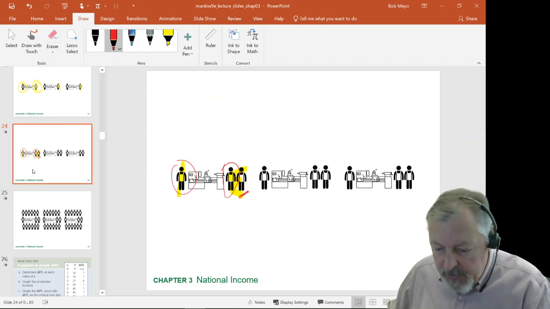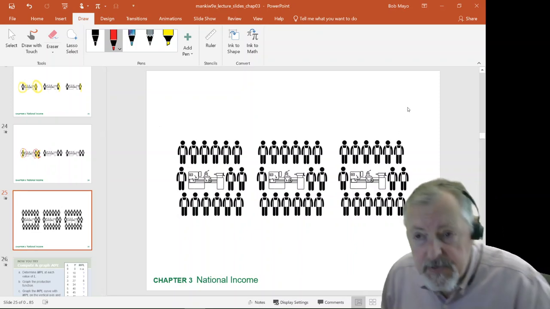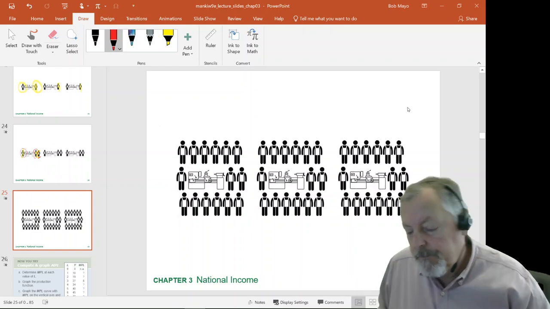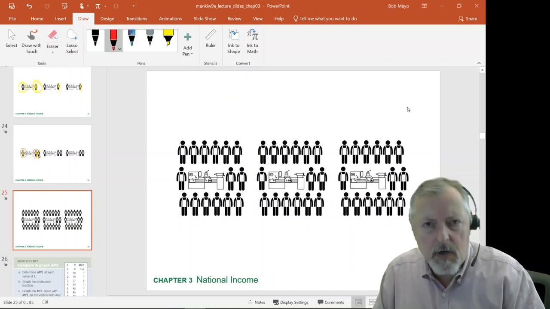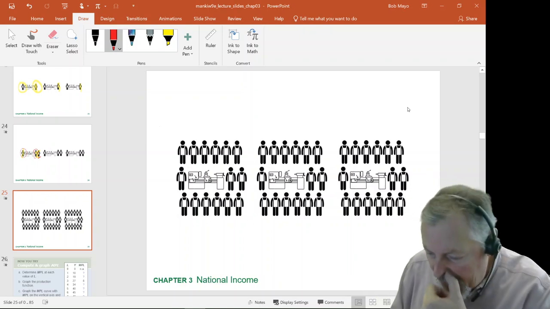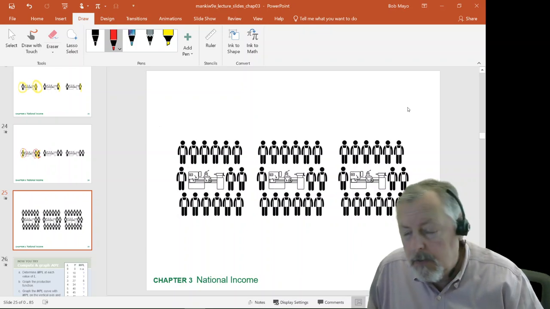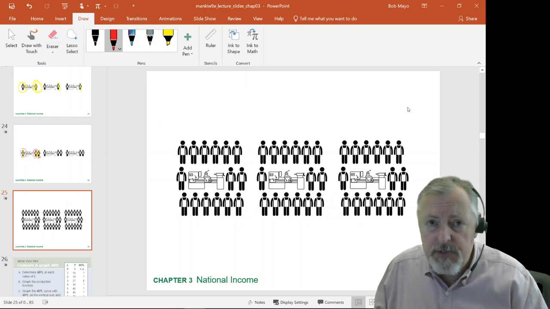And if you keep going, you run into this situation where you have, I'm not even going to count them, a lot of people, a very high labor to capital ratio. Now, in this case, you've gone so far that not only will adding one more person not increase output, it'll probably make it go down because people will be tripping over each other.